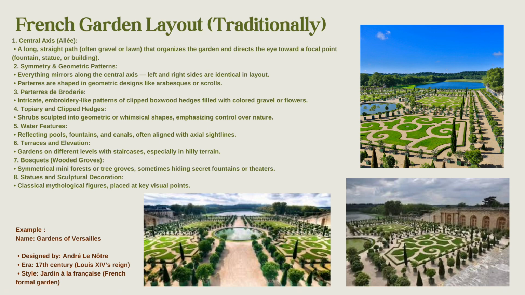The fifth one is Romantic and Second Empire in the 19th century. The trend is eclecticism and public parks. This is the example. And the last one is the 20th century to present: modernism and sustainability, with simpler and more abstract forms. This is the example in this era.